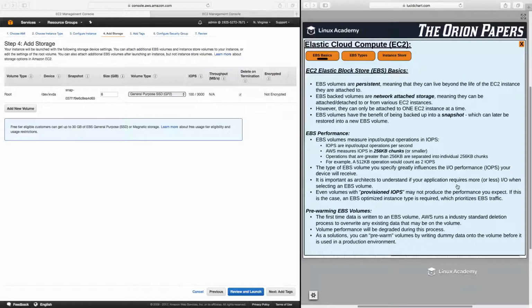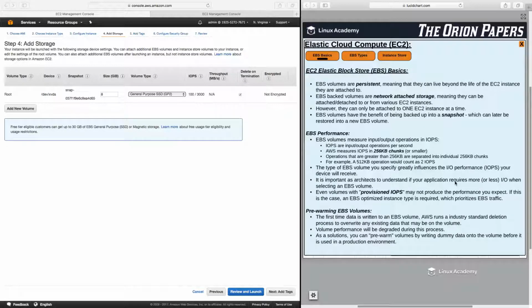Also, it is important as architects to understand if your application requires more or less I/O when selecting an EBS volume. So it's very, very important to understand what type of performance your application is going to need so you can select the right volume and, again, the right instance type to meet the needs of your application. Also, even volumes with provisioned IOPS may not produce the performance you'd expect.